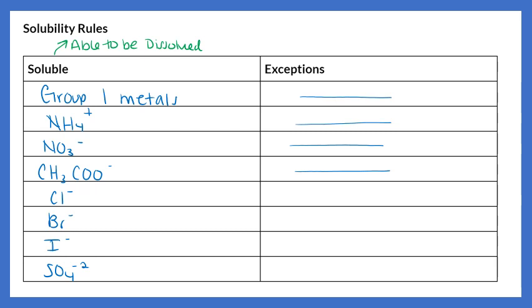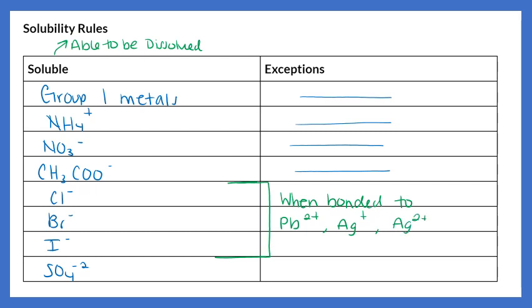Chlorine, bromine, and iodine, these 3 are soluble except when bonded to lead, silver, and silver 2+.